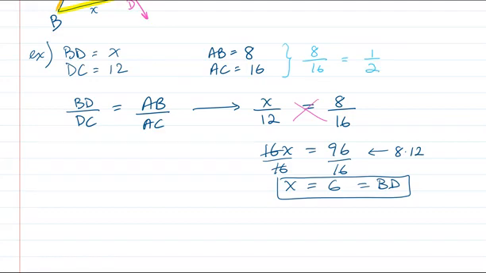Then you could think, if BD and DC are proportional to AB and AC, we need to figure out a number for BD that is half of DC, right? Which means half of 12, and half of 12 would be 6. And that is exactly what we found using proportionality.